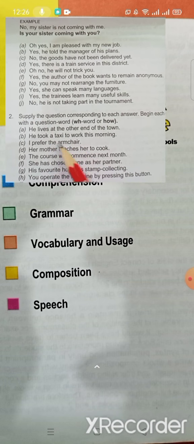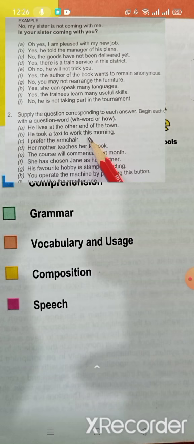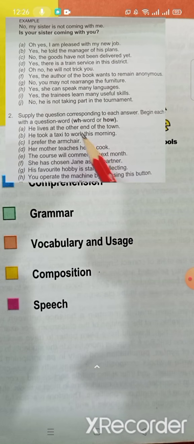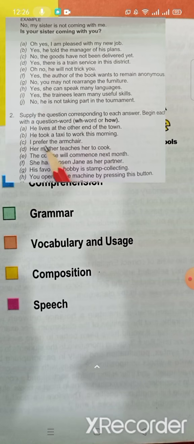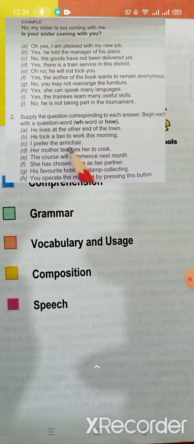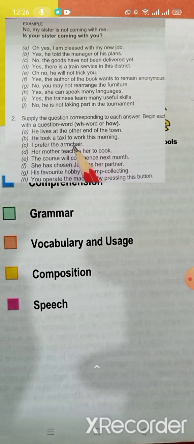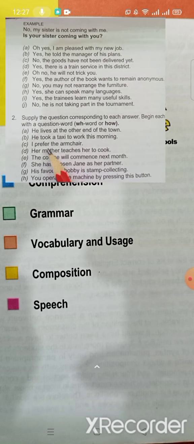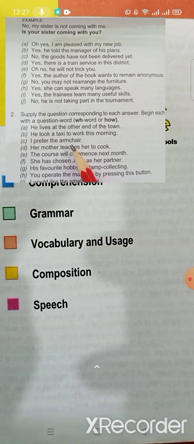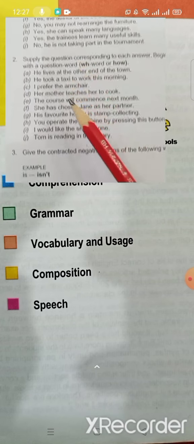So the answer will be: he took a taxi to work this morning. You can make a question using when as well. Next: I prefer the armchair. So you can make a wh-question: what do you prefer? The answer will be: I prefer the armchair. So you have to make wh-questions.